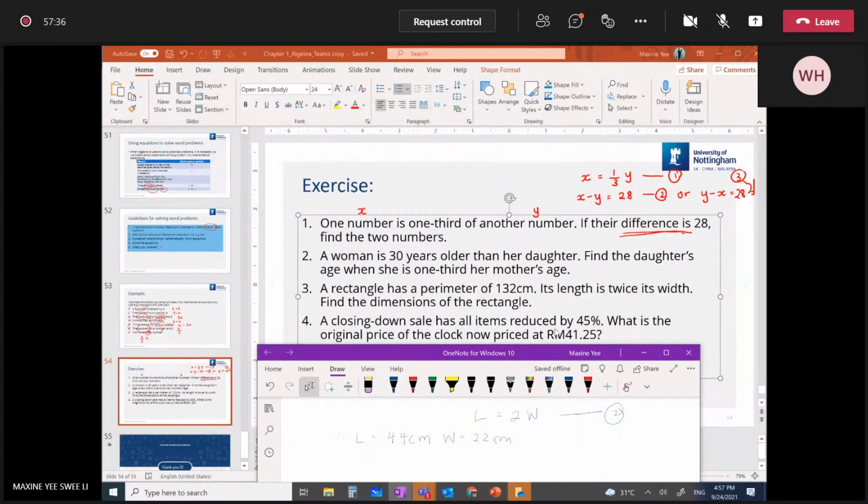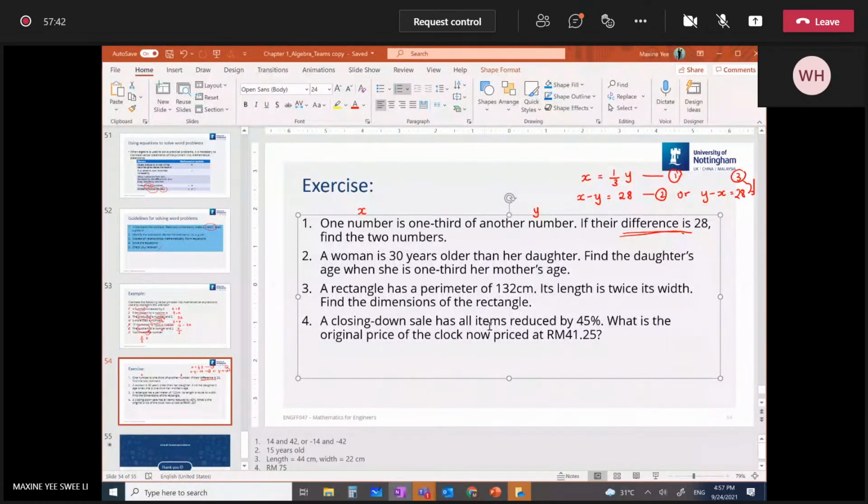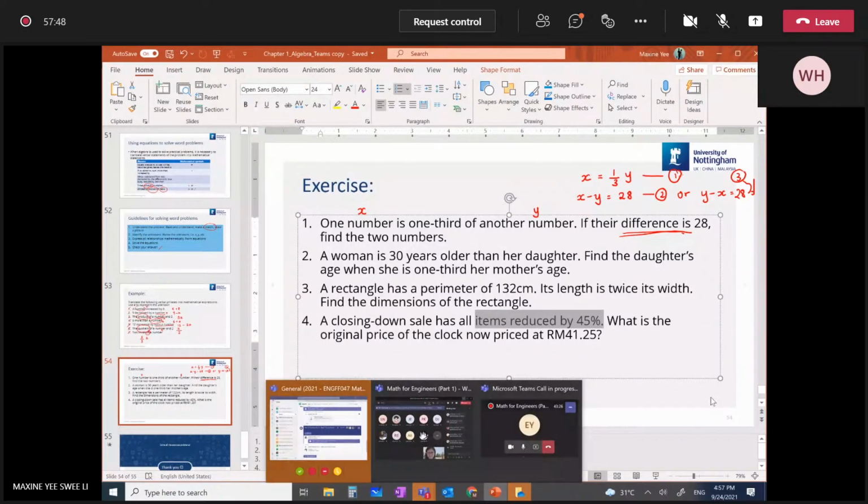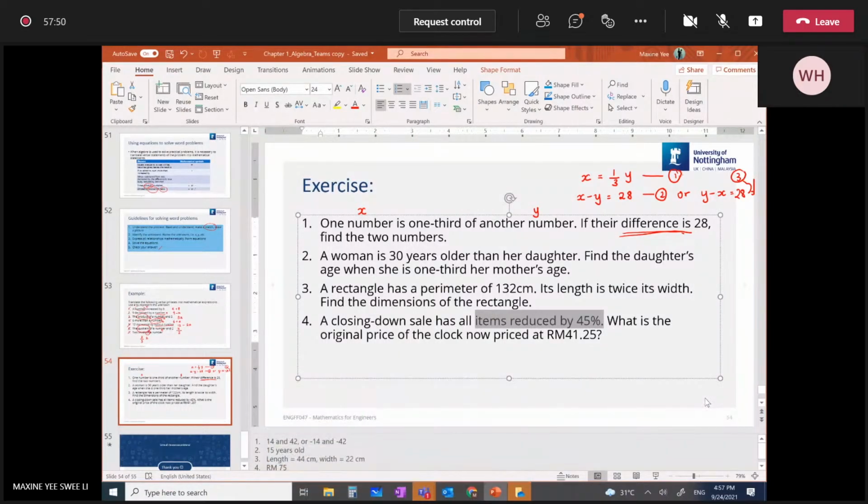So this is the discounted price. Alright, so let's take a look at this statement. All items reduced by 45%. So the discount is 45%. So the reduced price is 55% from the original.